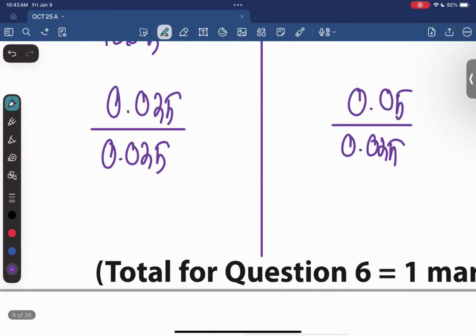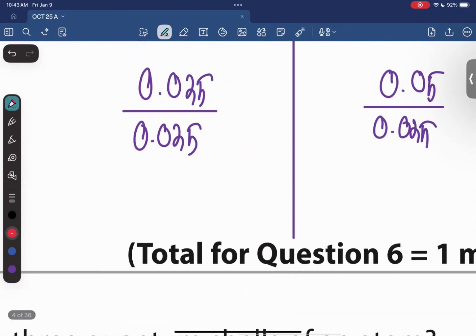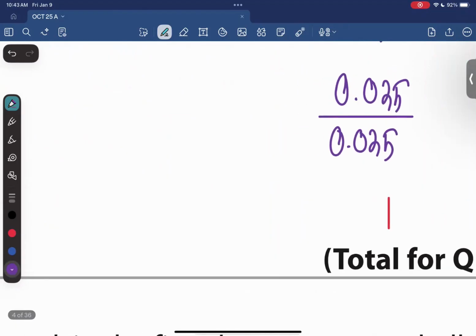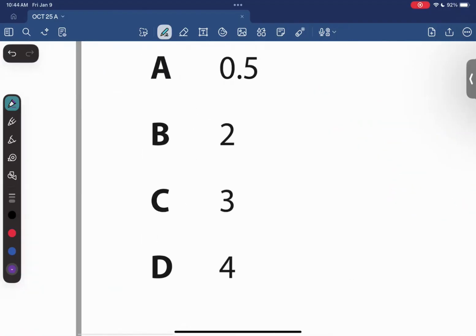And if you do this, you should be getting a ratio of 1 to what? 0.05 divided by 0.025, 1 to 2, right? So the value of x should be 2, and our answer should be B. B should be our answer to this question, 2.